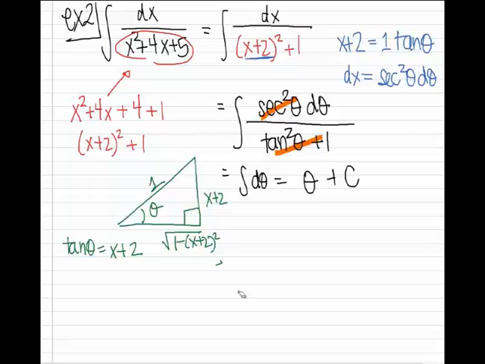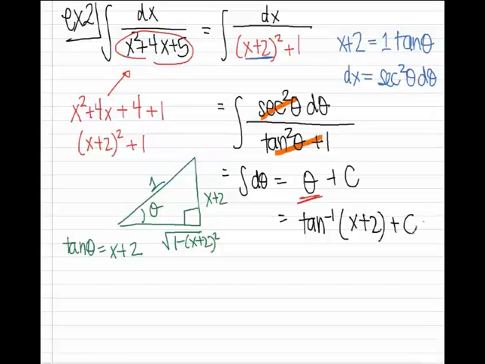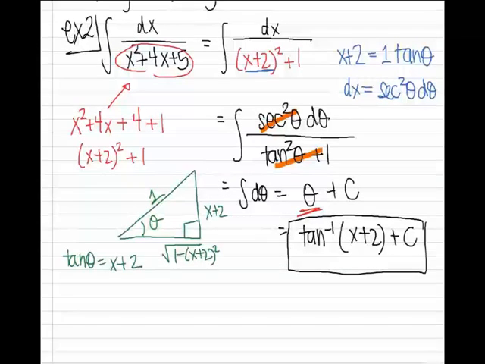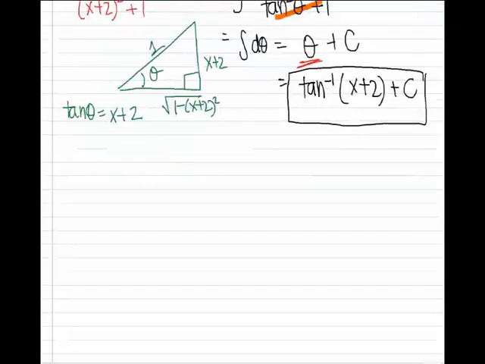Oh, well, actually, we didn't even need the triangle in this case, because our integral resulted in a theta. So I really just need arctan, or inverse tan, of x plus 2 plus c. Just in case there had been something other than just an angle theta, you would have the triangle already done.